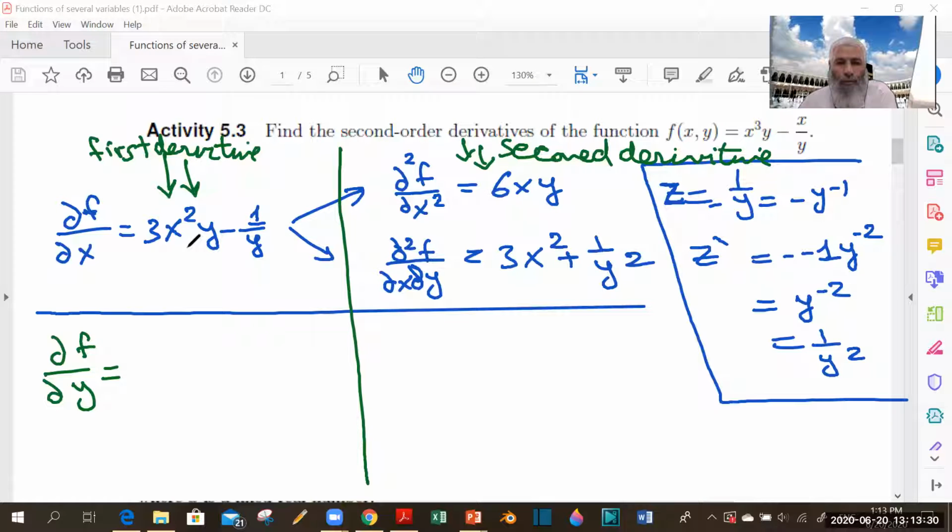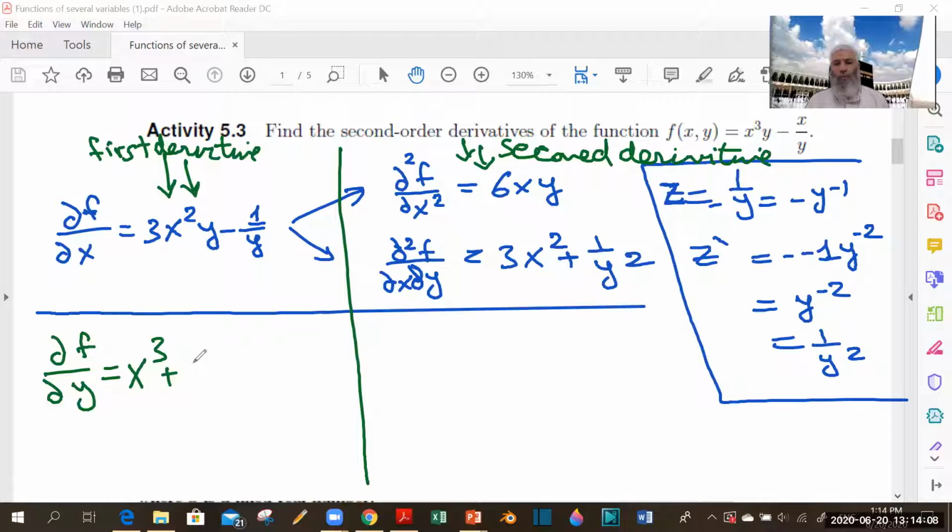So we will take the derivative of this with respect to y. The answer would be just x cube minus x cube. Then minus x over y with respect to y: the derivative of minus 1 over y is positive 1 over y squared.